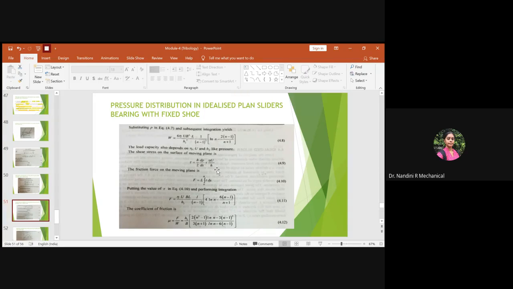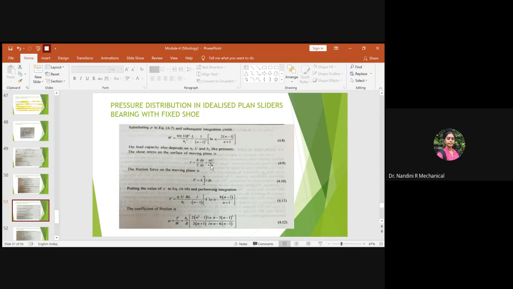So this you should directly throw, telling that this is the shear stress equation which you will be using for the moving plane wherein the shear stress comes into picture. So h will be nothing but the oil film thickness. dP by dx shows you the variation in the pressure, where mu will be the viscosity of the lubricant, capital U will be the constant velocity with which the moving plane is moving, right? So you can tell the parameters and what each claims to be.